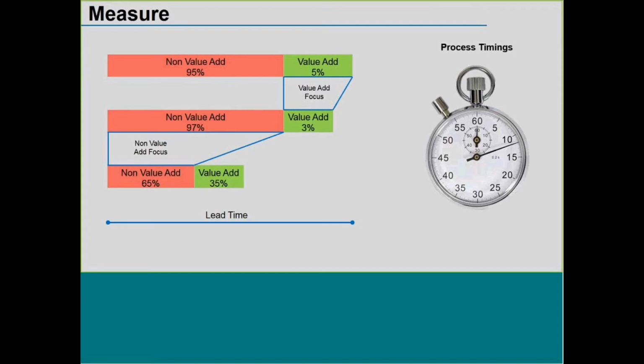Now those value add steps are very visible. And a lot of times what a lot of people want to do is spend time trying to improve those value add steps. You can see here from this diagram, if value add is already quite small of the total time that it takes us to create a product, our total lead time, there's not a lot of room for improvement on the value add steps themselves.